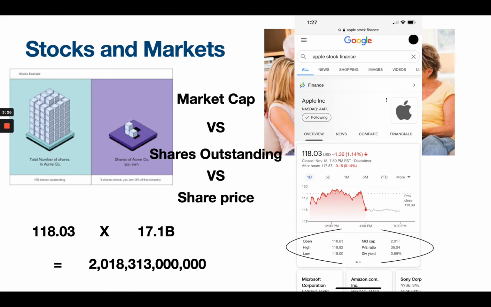So the share price times all of the shares is the value of the company. That is how you calculate how big a company is. As you can see, I gave you the best example. Apple is a giant company.